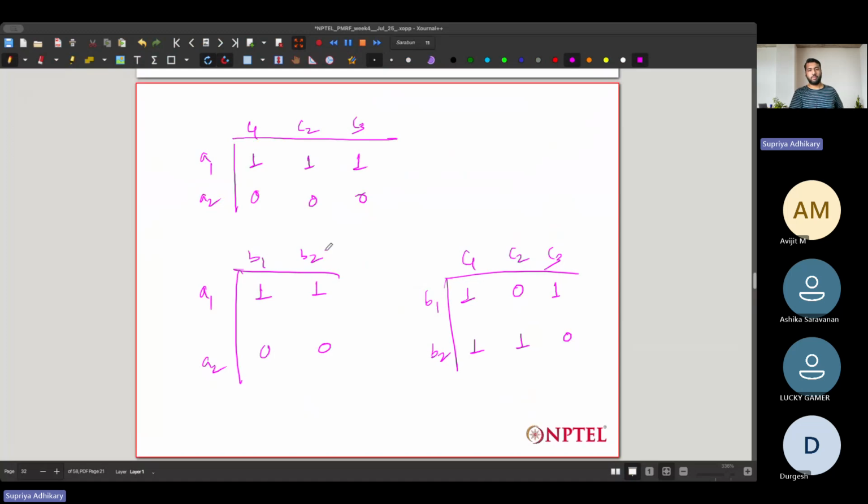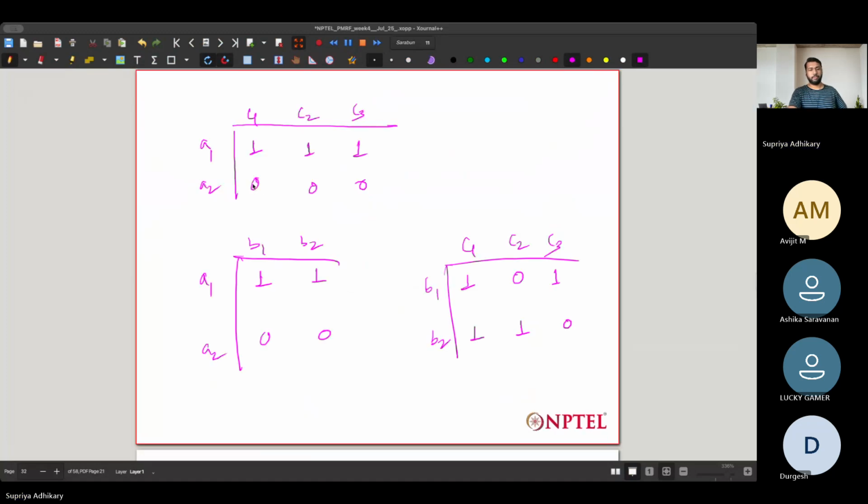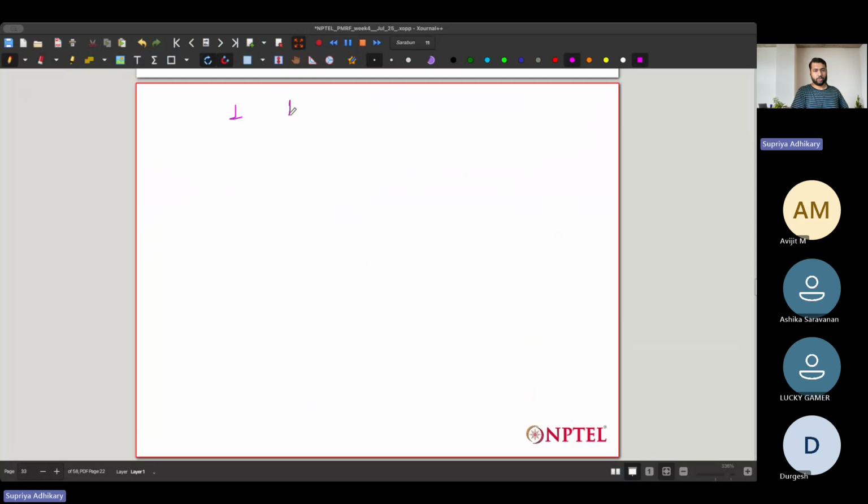So now we just have to multiply these two matrices. Now the multiplication operation is a little different. It is not the regular multiplication method. What we do over here is use logical operations. Instead of considering these as 1s and 0s, we can consider them as true and false.